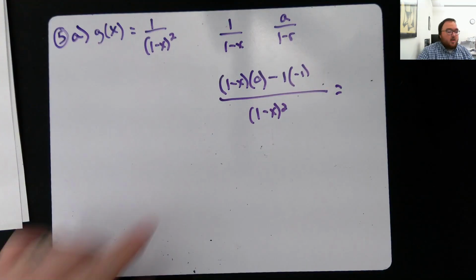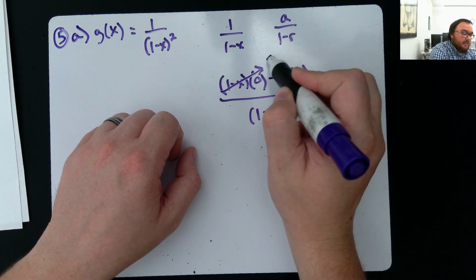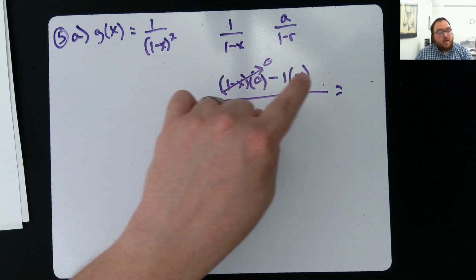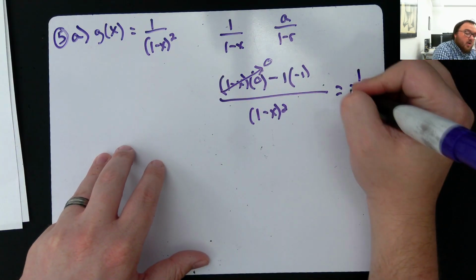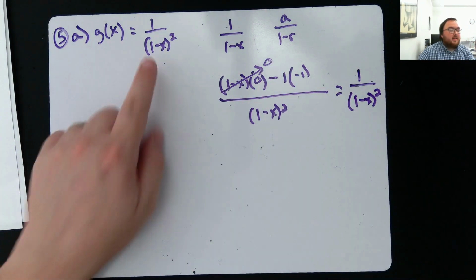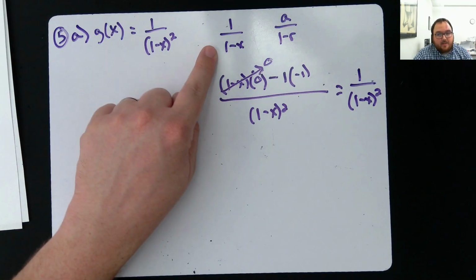Look at what happens here. This is all equal to 0. Negative 1 times a negative 1 is positive 1 over (1 minus x) squared. So this is the derivative of that.